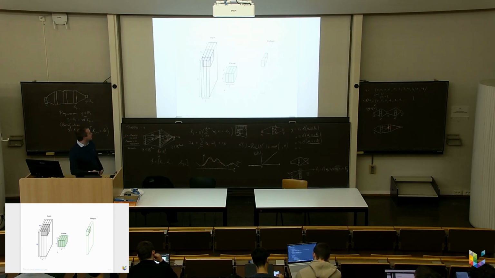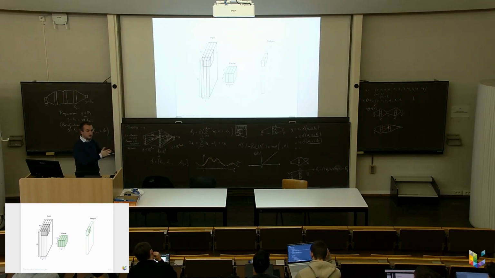Okay, and so visually, if this is your image and this is your kernel, you would consider every possible location of the kernel within the volume of the image. For each possible location where it can fit, you compute this sum of products between the pixel values and the kernel coefficients.